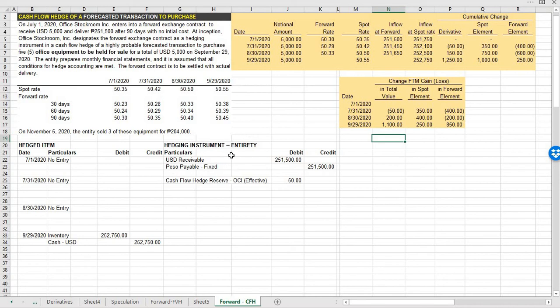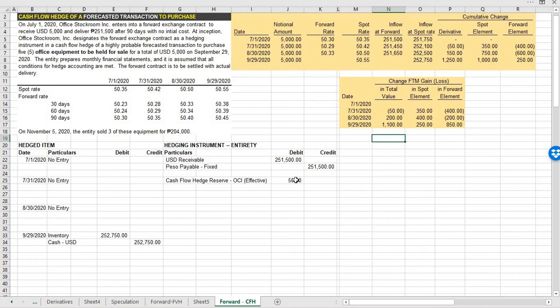Pero since dito nga sa ating problem, wala tayong entrada sa hedge item, for the meantime, hindi tayo gagamit ng P&L na account. I-defer natin yung offsetting. At para i-defer, nire-record muna natin sa OCI. At ang account title ngayon na ginamit natin is Cash Flow Hedge Reserve. So, offsetting account to. Pag may debit balance siya, loss siya. Kapag may credit balance siya, siya ay gain.